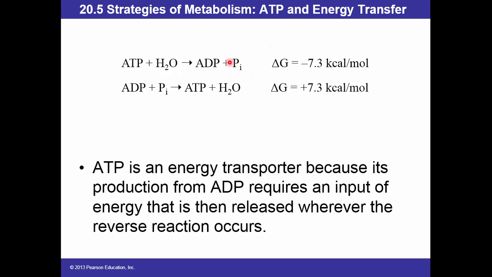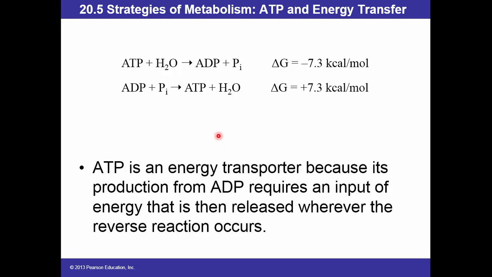If you want to reverse this process, the phosphorylation of ADP to ATP requires the input of 7.3 kilocalories per mole. So ATP is an energy transporter because its production from ADP requires an input of energy that is then released wherever the reverse reaction occurs.